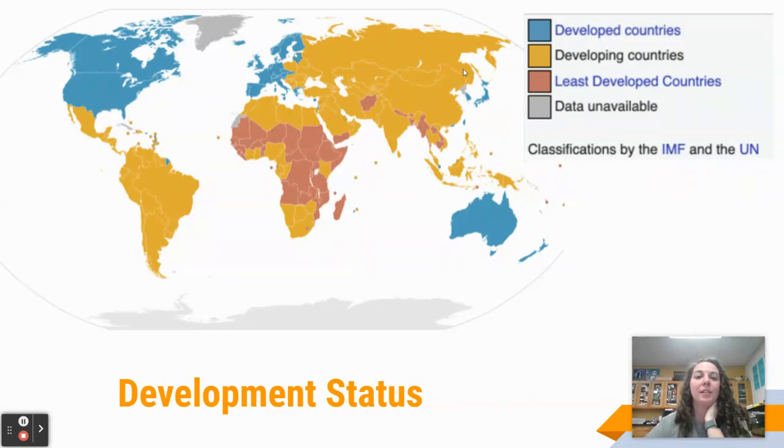So we've got Russia, pretty much all of South America, some of Africa, and then our least developed countries. So that's going to be most of Africa right here, some Southeast Asia. So we're going to talk about some characteristics of each of those and what that stage of transition means for them.